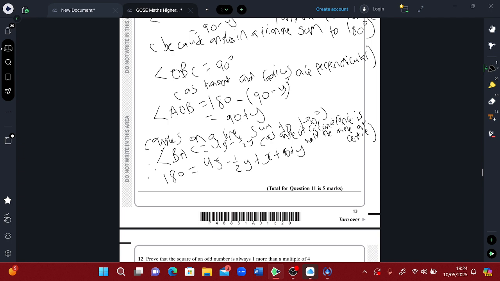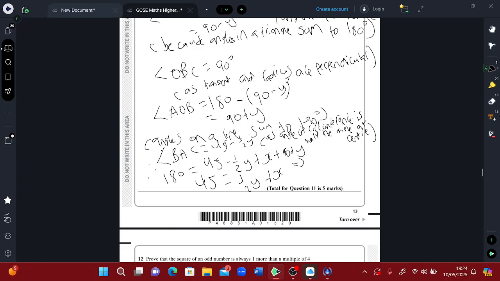And therefore we have an equation for x and y, finally, which we can simplify. So get rid of the numbers. So minus 90 minus 45, and that should be 45 then. That's going to be half y, because y minus a half is just a half, plus x.